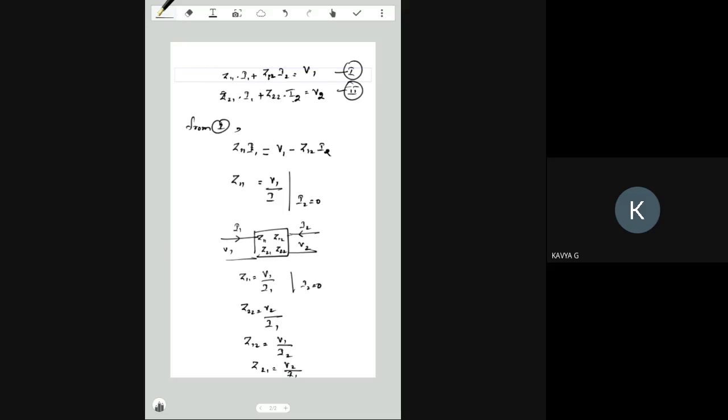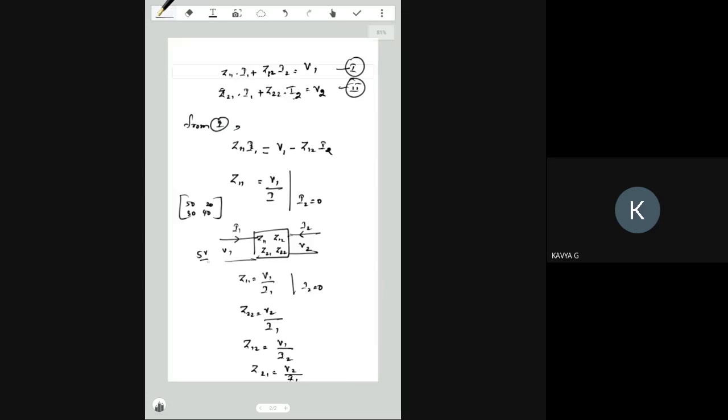So these are typically voltage by current ratios, and these Z parameters help me relate the voltage and the input and output currents. What is the use of these parameters? Suppose I have matrix values, for example 50, 20, 30 and 40. If I know Z11 and Z22 and the voltage I'm giving, say 5 volts, I can find out how much current is going to flow inside the two-port network.